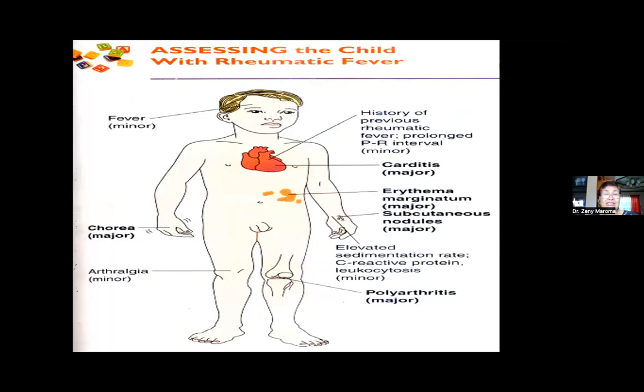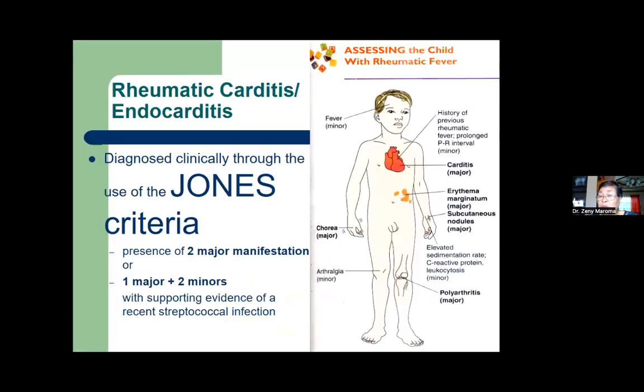So, with assessment and diagnosing of a client with rheumatic fever, we use the Jones criteria. What do you mean by Jones criteria? RHD is diagnosed clinically, meaning with the manifestations. Ano yung criteria?